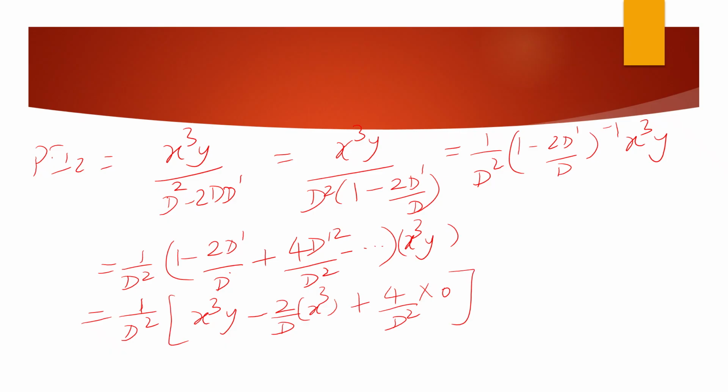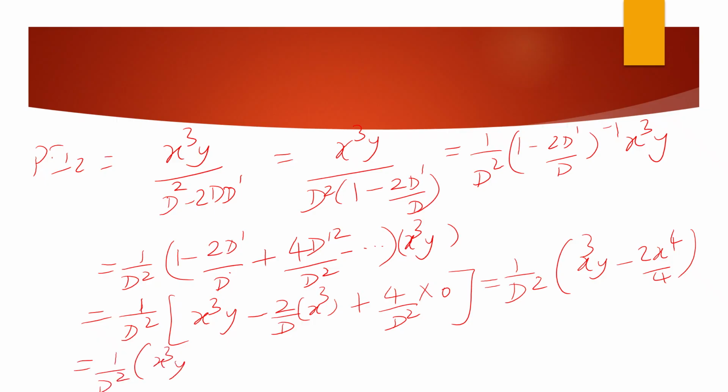So from this we get 1 by D square of x cube y plus, here 1 by D of x cube means integration with respect to x, so it is x power 4 by 4, which gives 1 by D square of x cube y plus x power 4 by 2.